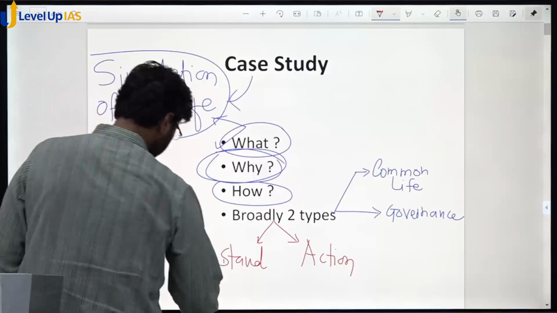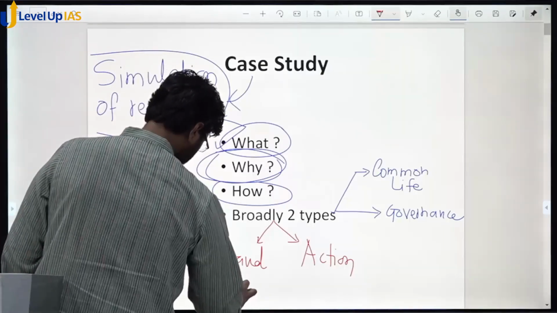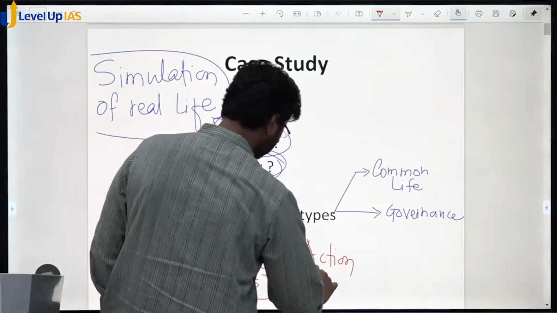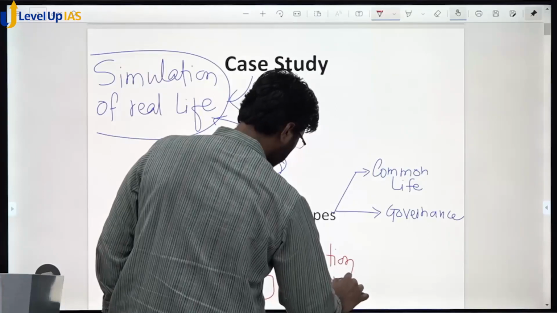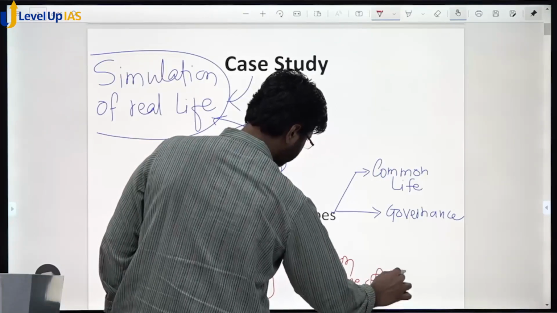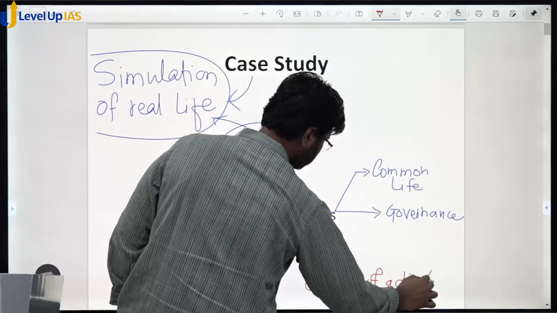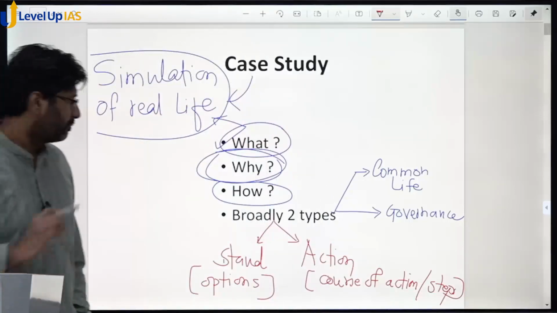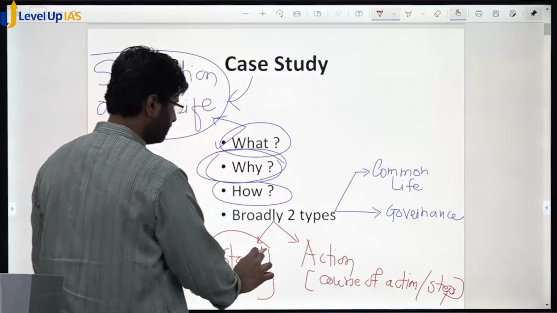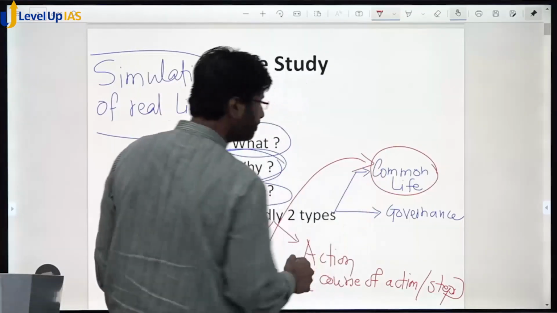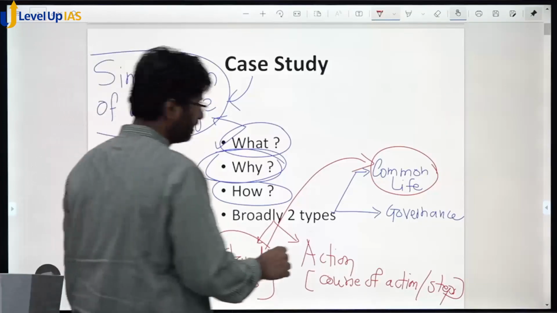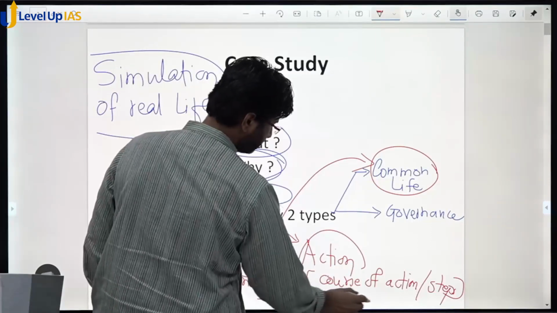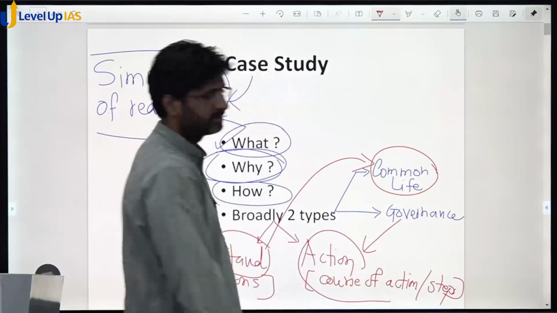Basically stand means we have options and you have to choose one of the options, and action means you have to have a course of action or steps. Please try to understand, most of the time stand and common life are together. I'm not saying all the time, because there are some governance case studies which also give you options. And action, that is course of action, is linked with governance case studies.